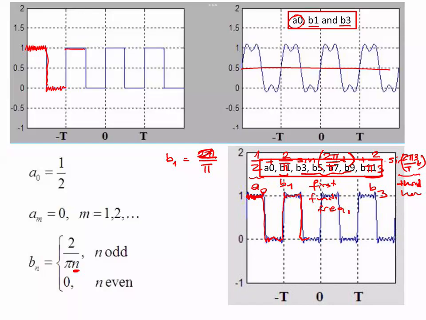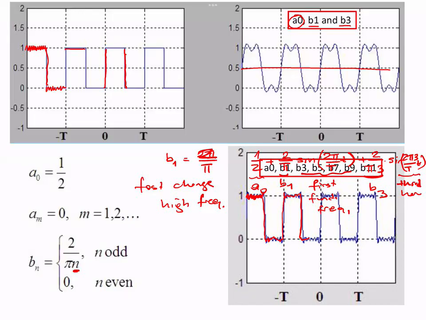Okay, so because there is a very fast change here, arkadaşlar, very fast change means high frequency. Okay, fast change means high frequency. That's why we have even higher frequency components in my pulse signal.